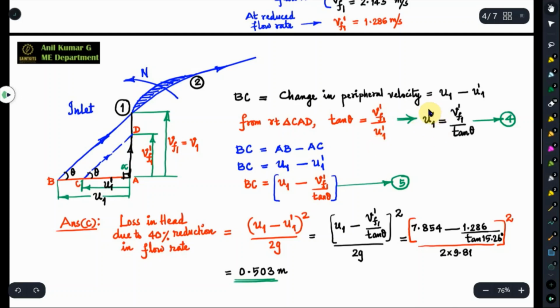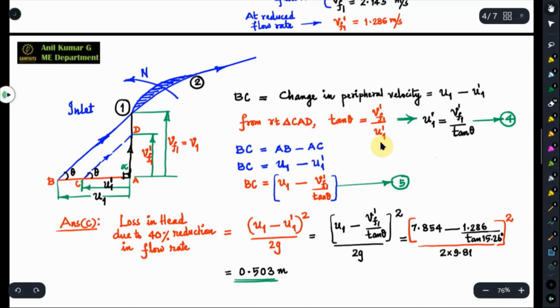So u1 dash is equal to Vf1 dash by tan theta. So how do we find out the change in velocity? The change in tangential velocity, u1 minus u1 dash, is equal to this BC, because u1 is represented by BA and u1 dash is represented by CA. Therefore the change in tangential velocity is BC. So BC is u1 minus u1 dash.